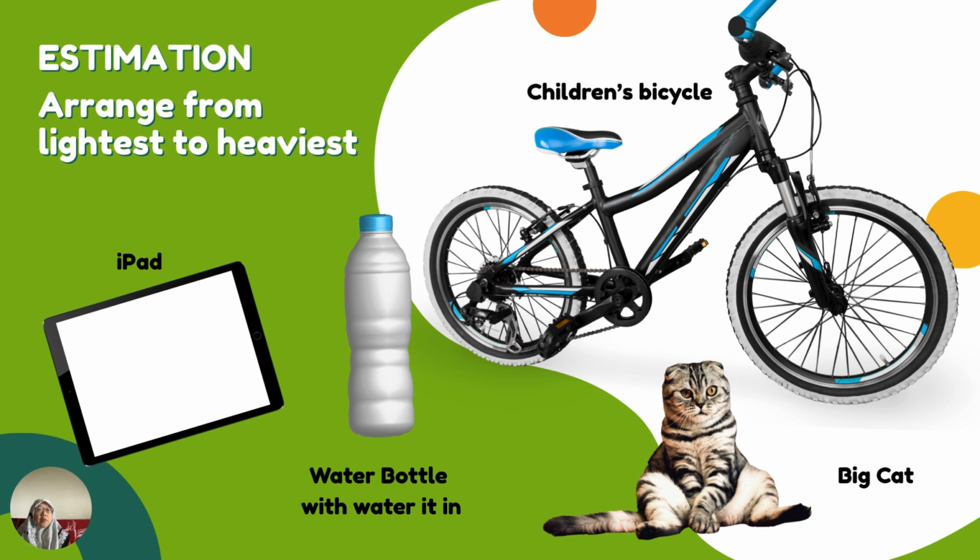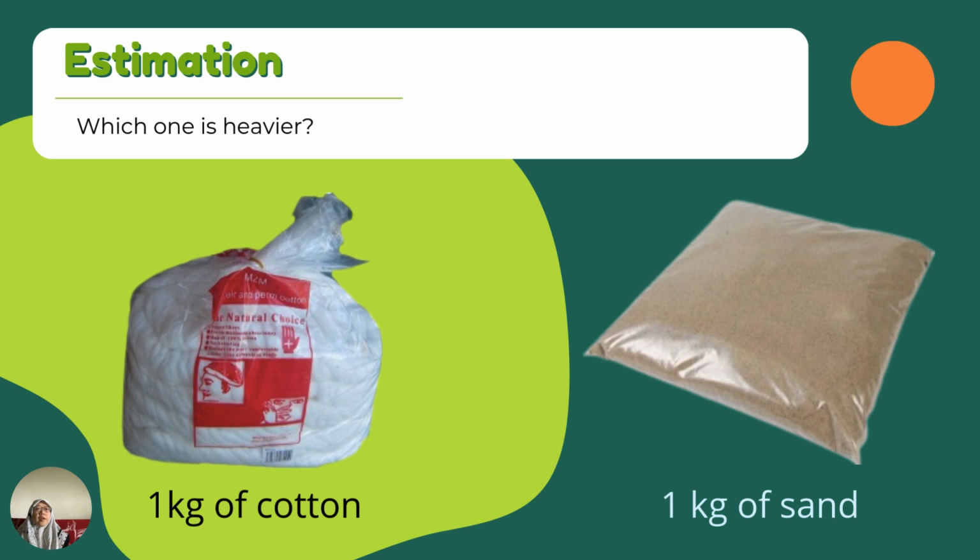They might have to go to the supermarket or the hypermarket to take a look, and to feel the items themselves. Oh, this is heavier than this one, and so on. It's a good exercise. So these are exercises that you can give to your students.